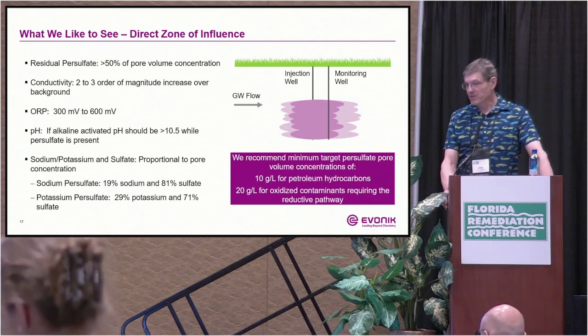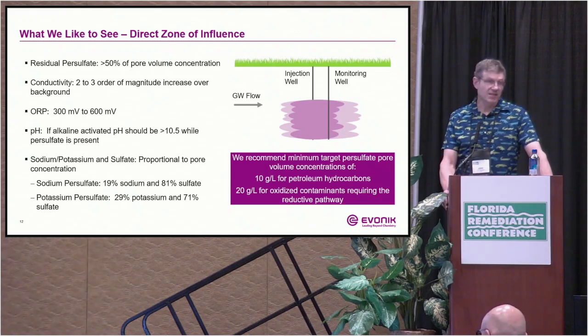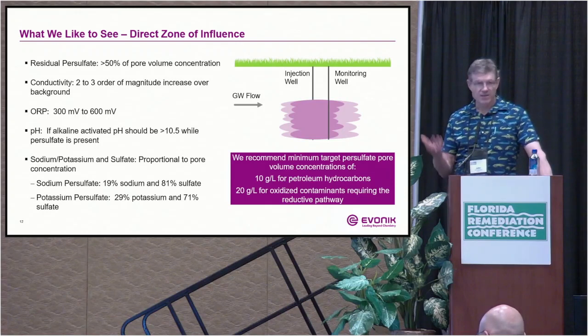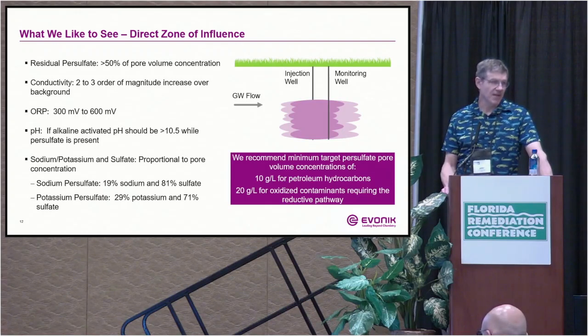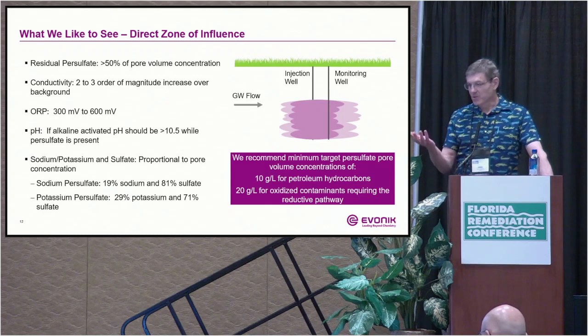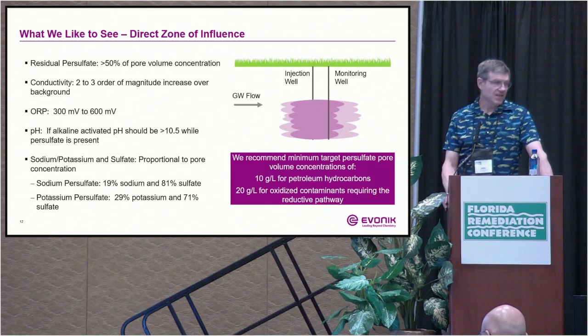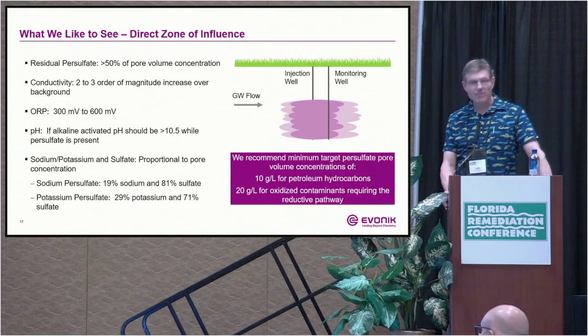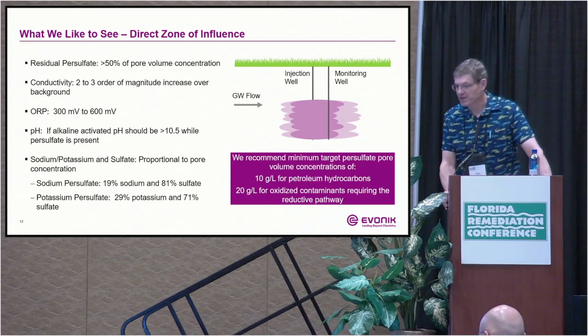Whereas if we have oxidized contaminants, chloroethanes, carbon tetrachloride, which is the reason that we substituted them for things like turpentine, because they were not flammable. So those highly oxidized contaminants require what's called a reductive pathway. Rather confusing chemistry, but we need a higher concentration, and we need to use something like alkaline activation to ensure we get there, just so you have a sense.